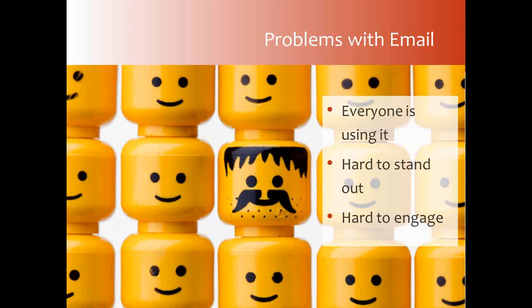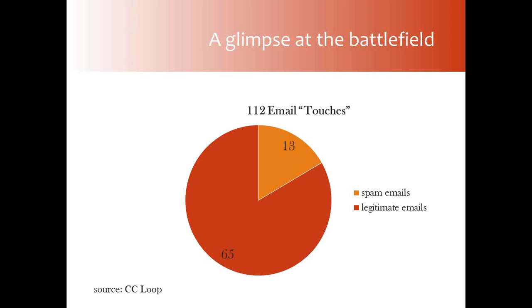I thought this information really set the stage as I was doing some research to provide context for our conversation today. I found this great statistic about the email inbox for the average business person. There are about 112 email touches, and by a touch I mean we're including email that's received as well as email that is sent.